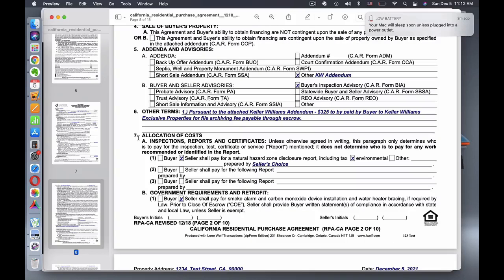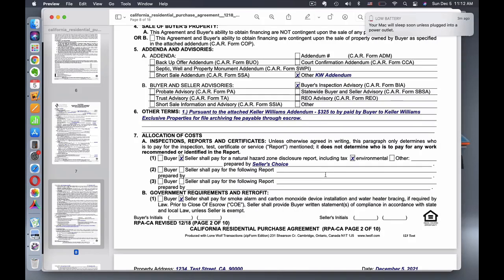Then under 7 you've got the allocation of costs, inspections, reports, certificates. This is where there are some closing costs involved. Most of this falls on the seller side, and we'll walk through this really quick. Number 1, there's a natural hazard zone report that the seller is required by the state to give the buyer. These reports generally run about $100.